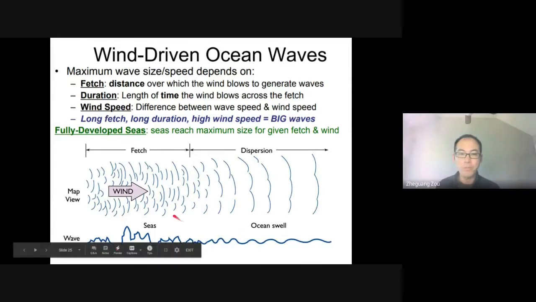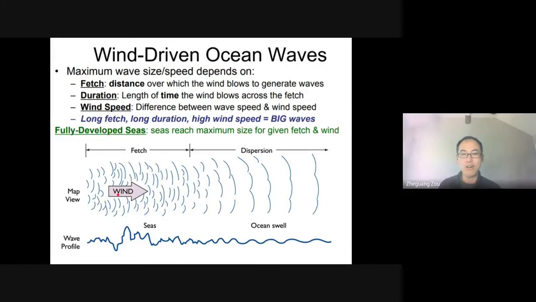A few important parameters here are the fetch, which is the distance the wind blows, and the duration, which is how long in time the wind blows. Fetch is in space, and duration is in time. And of course, if you have higher wind speed, you will have larger waves. So all these three parameters contribute to the surface wave height.